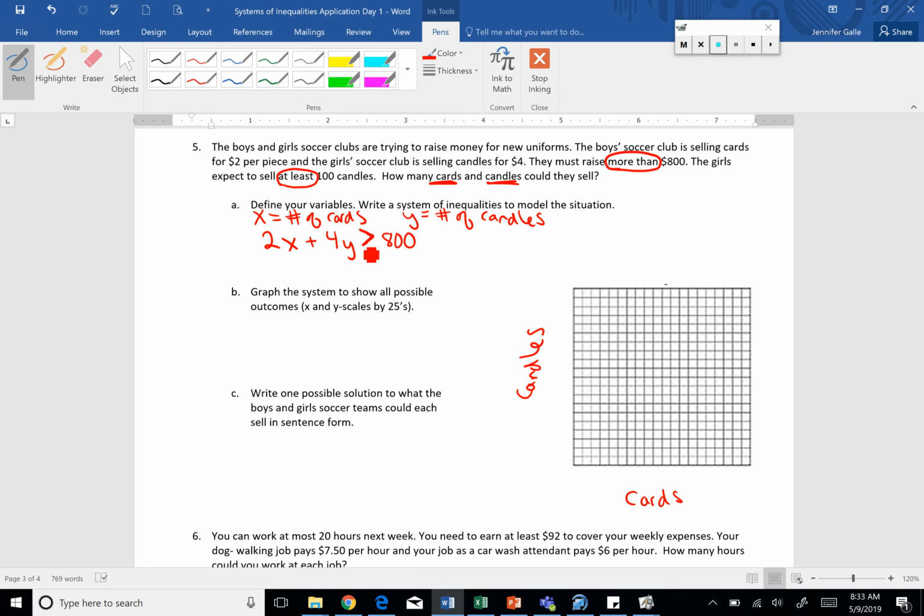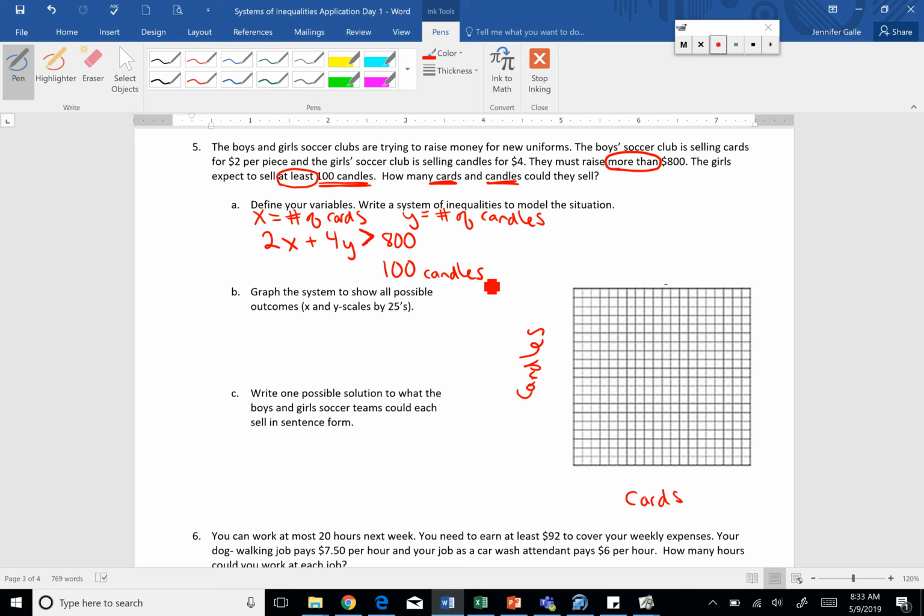Another big reason I chose this question. We have another total we're given. It's 100, and I'm going to label this one. But it's just 100 candles. It doesn't say 100 total items. So this is not, I just take X plus Y and we need to have it more than 100. It's just 100 candles.